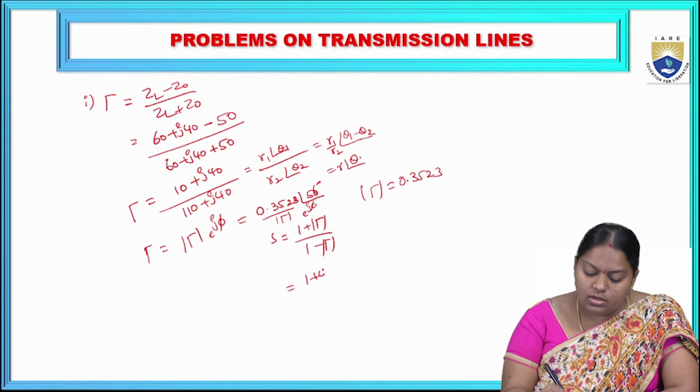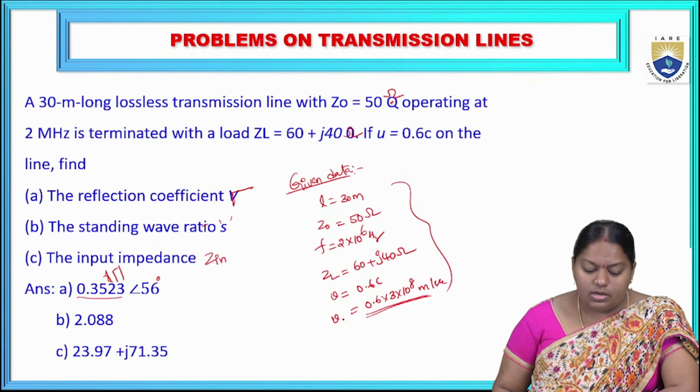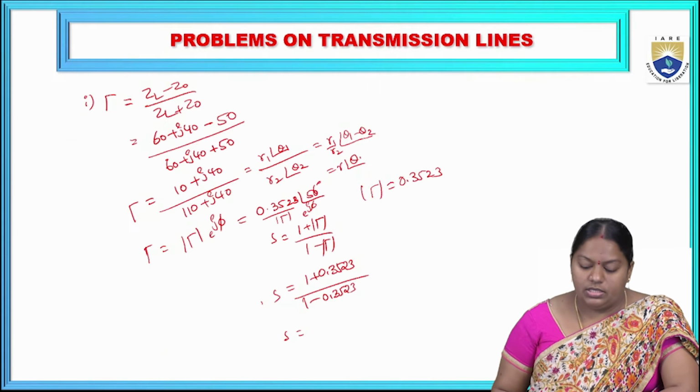So 1 plus 0.3523 by 1 minus 0.3523. If you evaluate, the standing wave ratio S is approximately equal to 2.088.